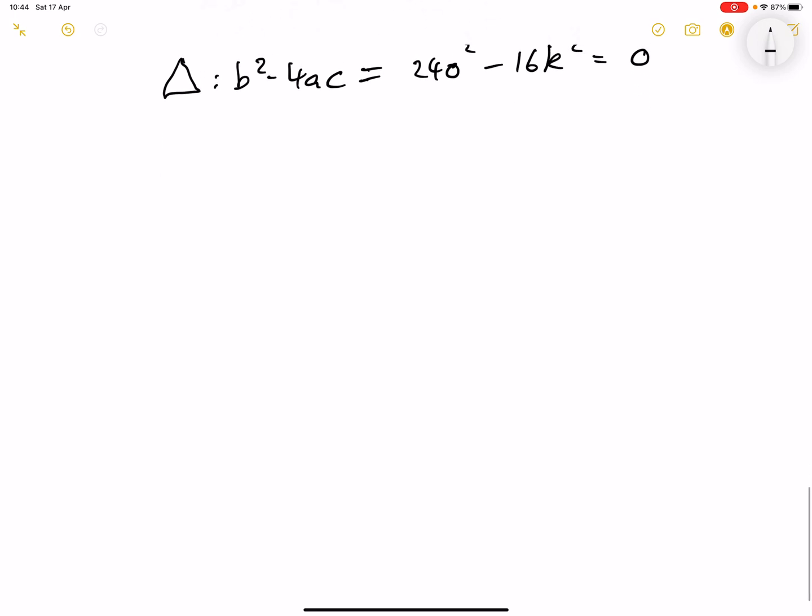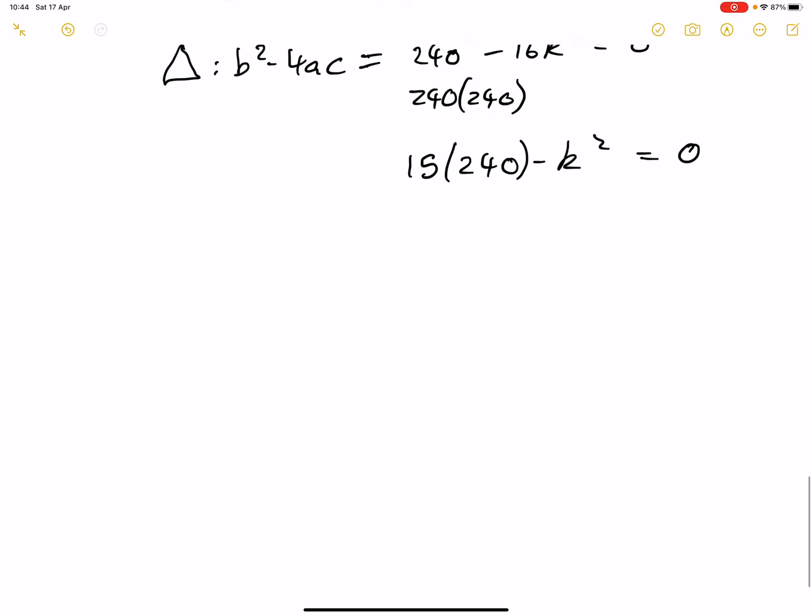So I'm going to write 240 squared as 240 times 240. But I know that 240 is 15 times 16, so I'm going to take a factor of 16 out from everything. So I'm going to do 15 times 240 minus k squared is equal to 0, because I've just eliminated the 16, because 16 is not making this function equal to 0, because 16 is not equal to 0.